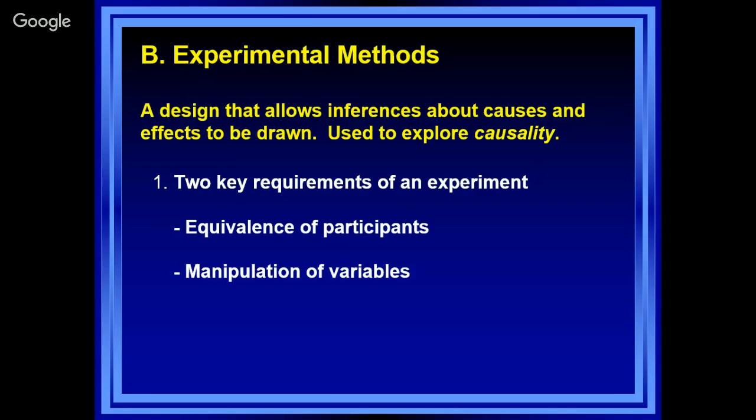So the experimenter is going to manipulate variables, the one they manipulate is called the IV, and then they're going to measure another variable. Everybody gets measured on the other variable. We call that the dependent variable. We're going to go a little bit more in depth on IV and DV in a minute. But those are the two basic requirements of an experiment.